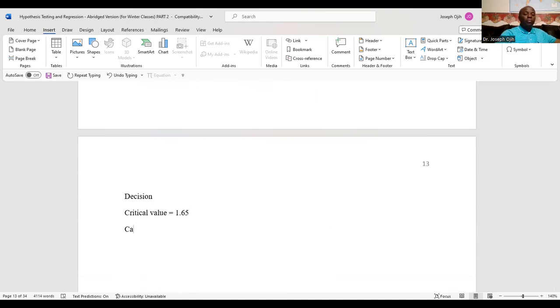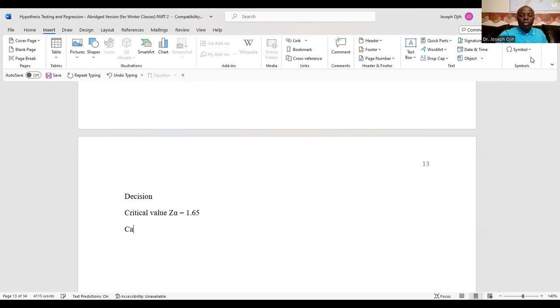Remember the critical value is represented by Z alpha, because it's a one-tailed test. And alpha is right here.